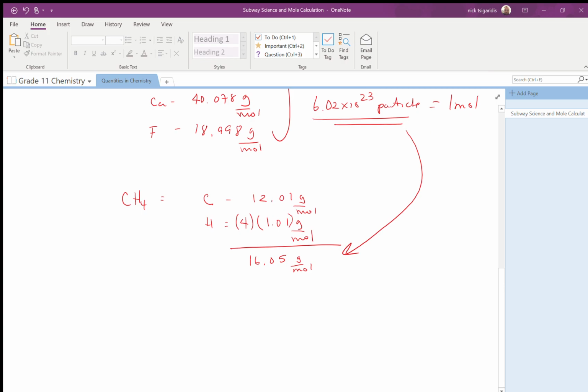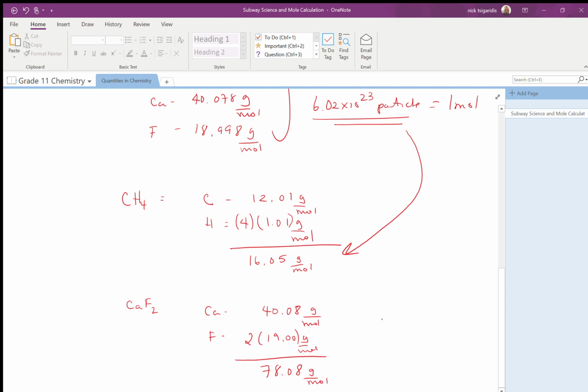Let's try another example here. Let's say I had calcium fluoride, CaF2. So if I had calcium fluoride and I wanted to know its molar mass, well, calcium has a molar mass of 40.08 grams per mole, and fluorine has a mass of 18.9. Let's round it to 19 there. But I have 2 fluorines at 19.00 grams per mole, and I end up with 78.08 grams per mole.